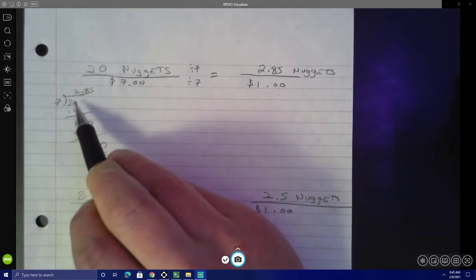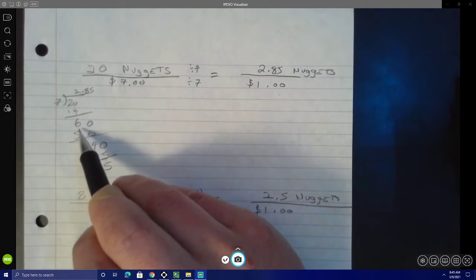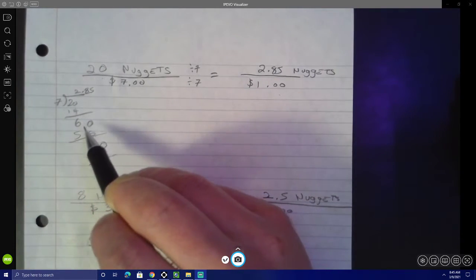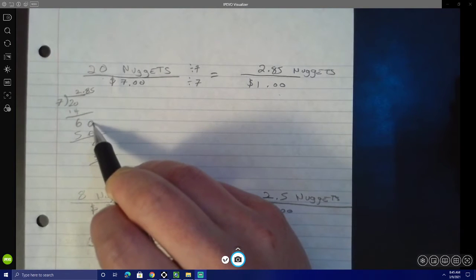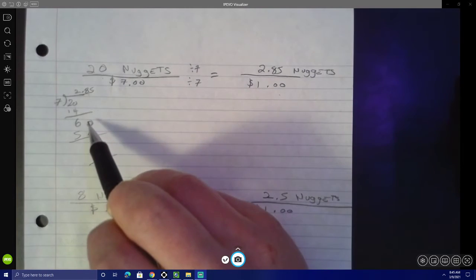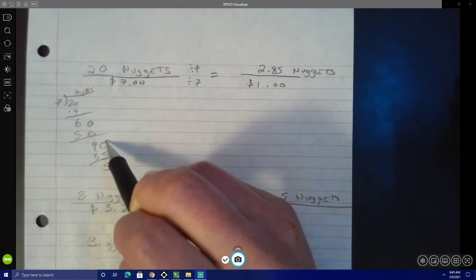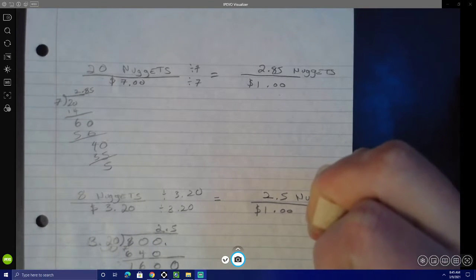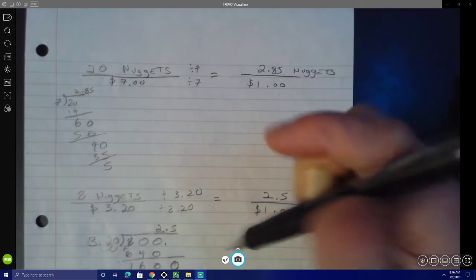I know 7 can go into 20 2 times, and that leaves me with a remainder of 6. I had to put a decimal, bring down a 0, and I knew 7 could go into 60 8 times, and that would give me 56. I would get a remainder of 4, again have to bring down a 0, and I am left with 40.